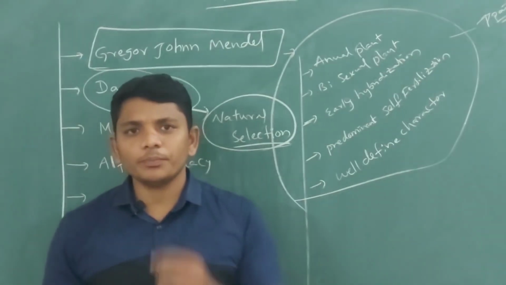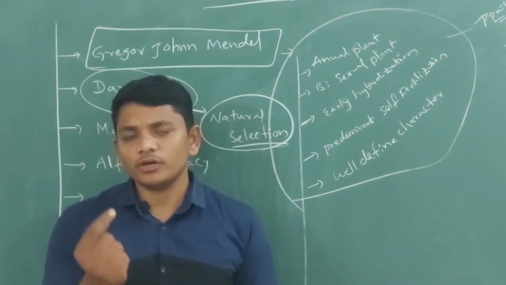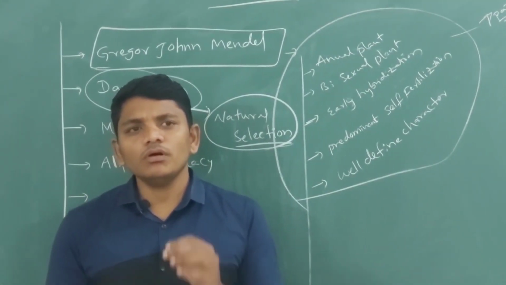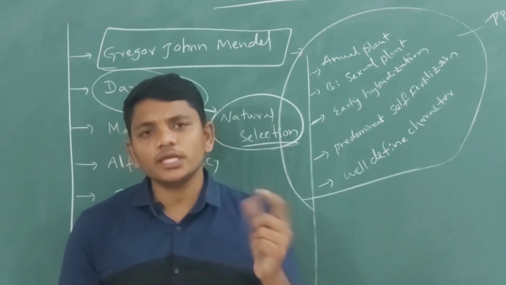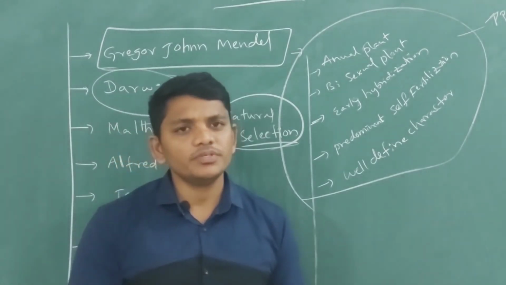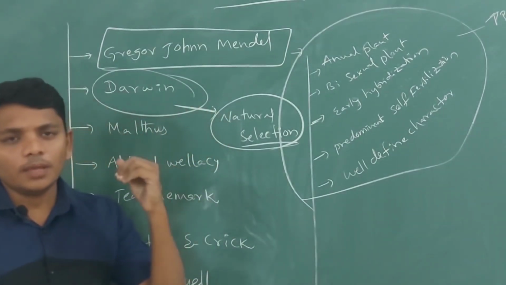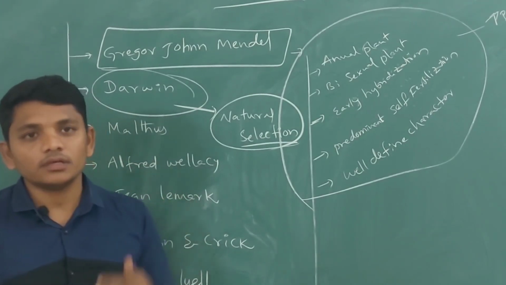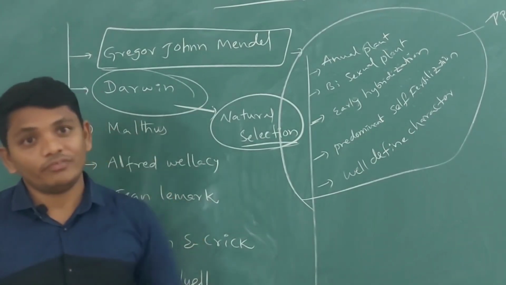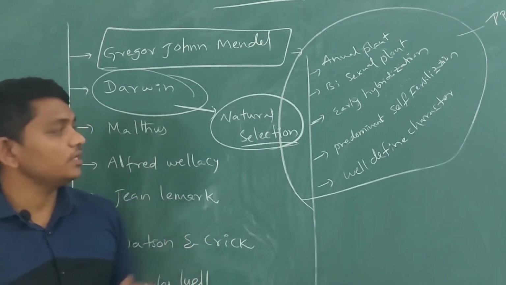Some finch birds' beaks are very short, some are very long. On the basis of their food sources, their beak shape is different. On the basis of their food sources and habits, the body structures are different, which he observed.